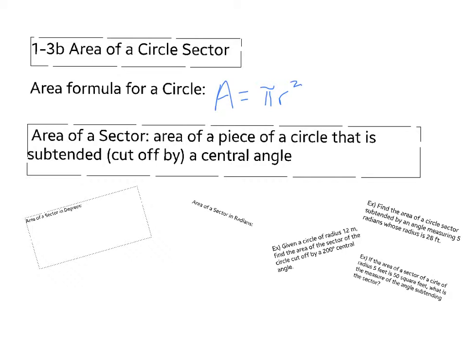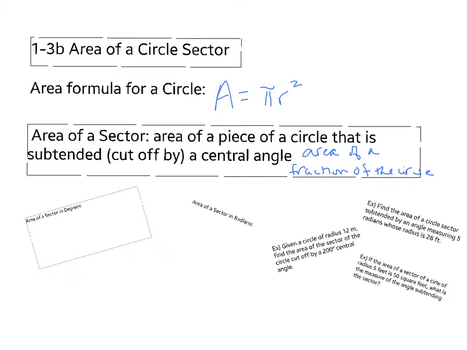Area of a sector is just the area of a fraction of the circle. So again, the key is to think about what fraction we have. That's going to be our goal.